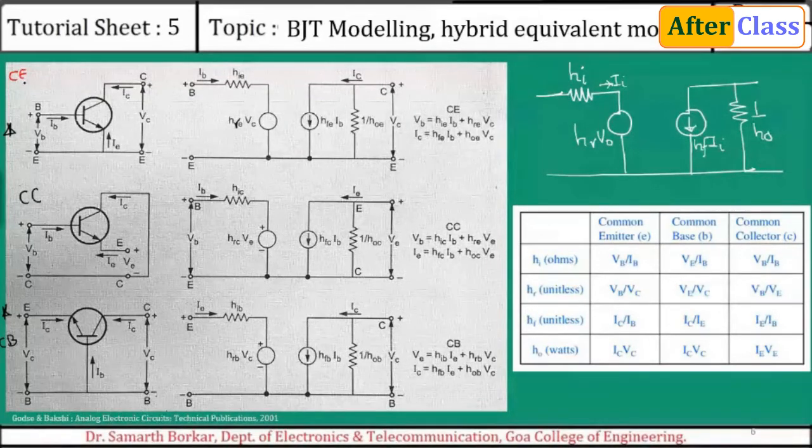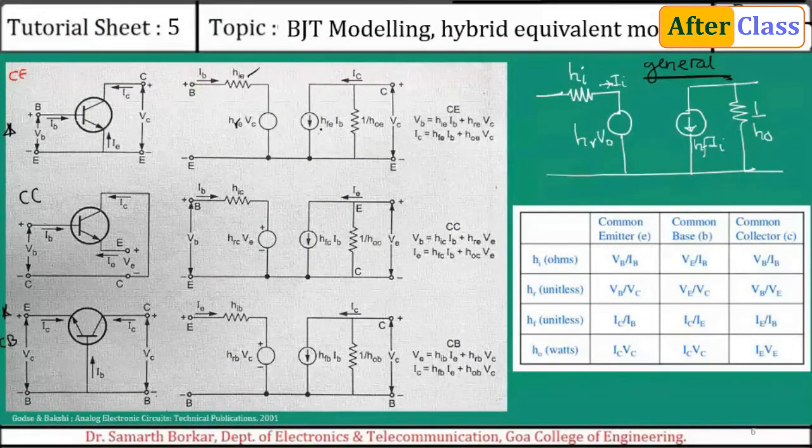Now for common emitter, what did I say? Here, these terms are going to remain the same as they are. But for common emitter, I have to use HIE. See, this voltage source is a function of the output voltage. Output voltage in case of common emitter is VC. See, output voltage is denoted as V naught. This is the general format. Okay. This is in particular with the common emitter circuit.